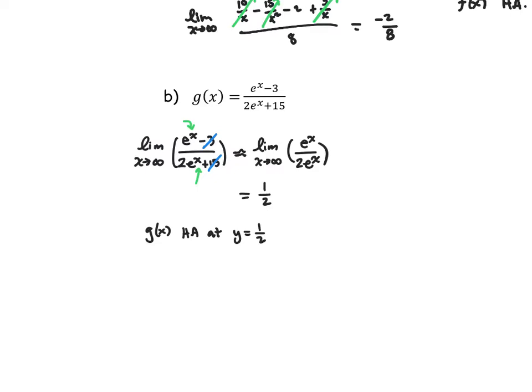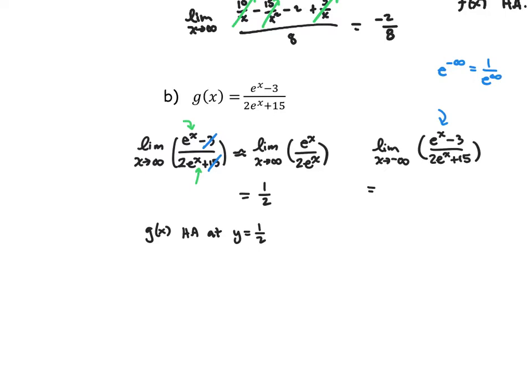Now we got to be careful with exponential functions. We also got to test the other side. So as the function heads to the left forever, e to the x minus 3 over 2e to the x plus 15, what happens there is as x decreases, if I take e to the negative infinity, that's equivalent to 1 over e to the infinity.